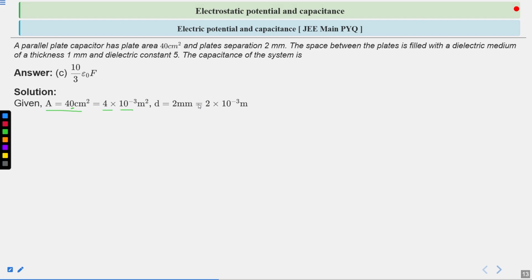And d is 2 millimeter, which is equal to 2 into 10 raised to power minus 3 meter. Thickness is 1 millimeter, which is 1 into 10 raised to power minus 3 meter, and dielectric constant is 5.